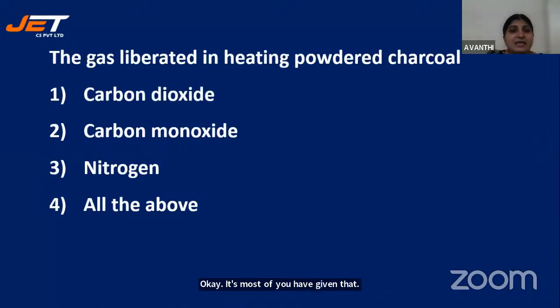Next, the gas liberated in heating powdered charcoal is what? When we heat the powdered charcoal, the gas will be released. What is that gas? It is again given in your textbook activity. Carbon dioxide, carbon monoxide, nitrogen, and all the above. What's the answer?